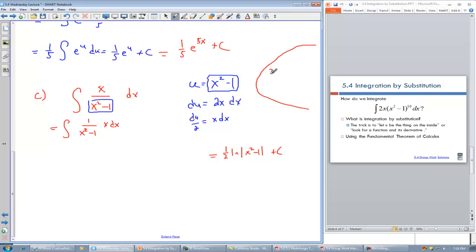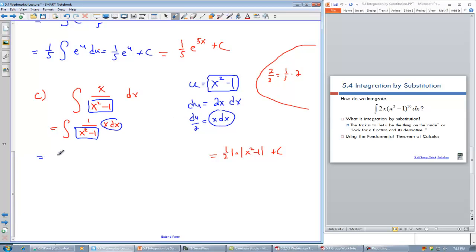If I have 2/3, that's the same as 1/3 times 2. That's all I'm doing here. I separate the fraction, but it makes it a little bit easier for me to see that here's my u, of course. There's my u. And then this x dx is my what? Well, it's just my x dx right here, my du over 2.